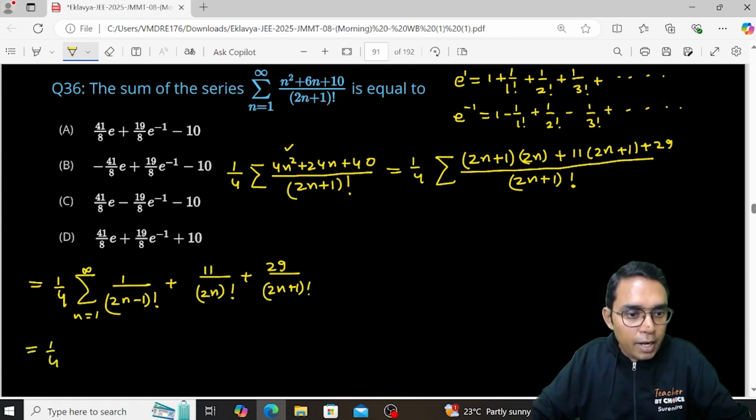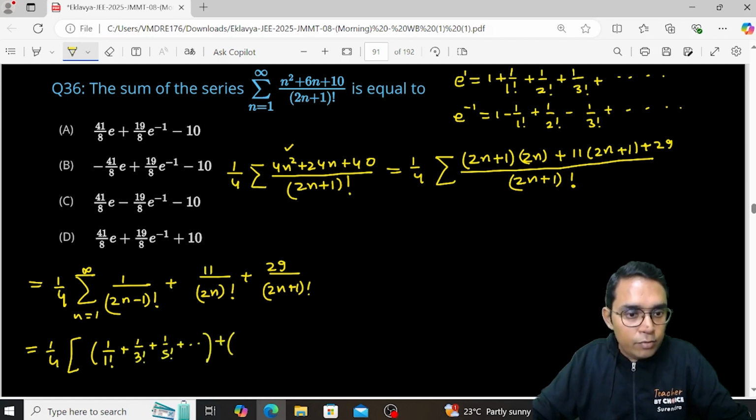Now we can start writing value of n equal to 1, and for the first term, it will be 1 upon 1 factorial. If n is equal to 1, it will be 1 upon 1 factorial, then 1 upon 3 factorial, then 1 upon 5 factorial, and so on till infinity.